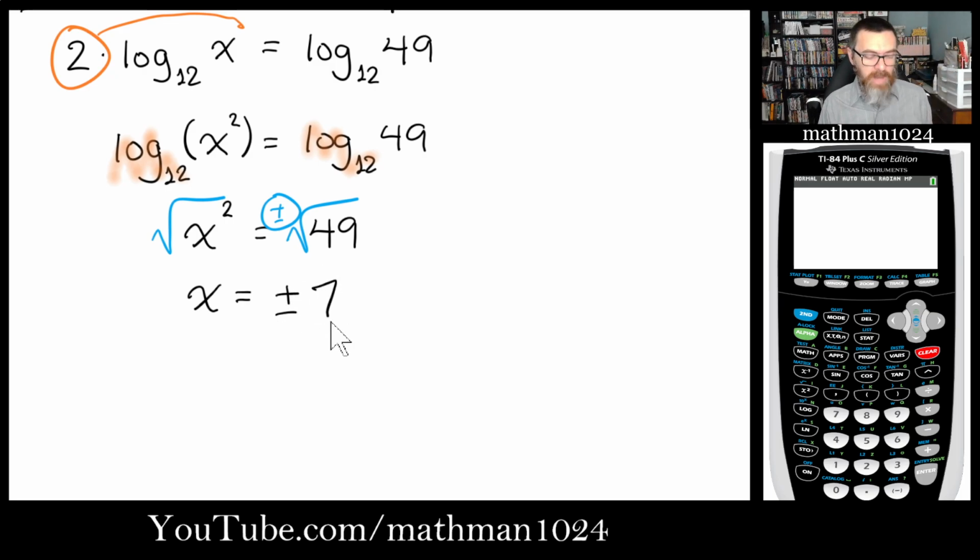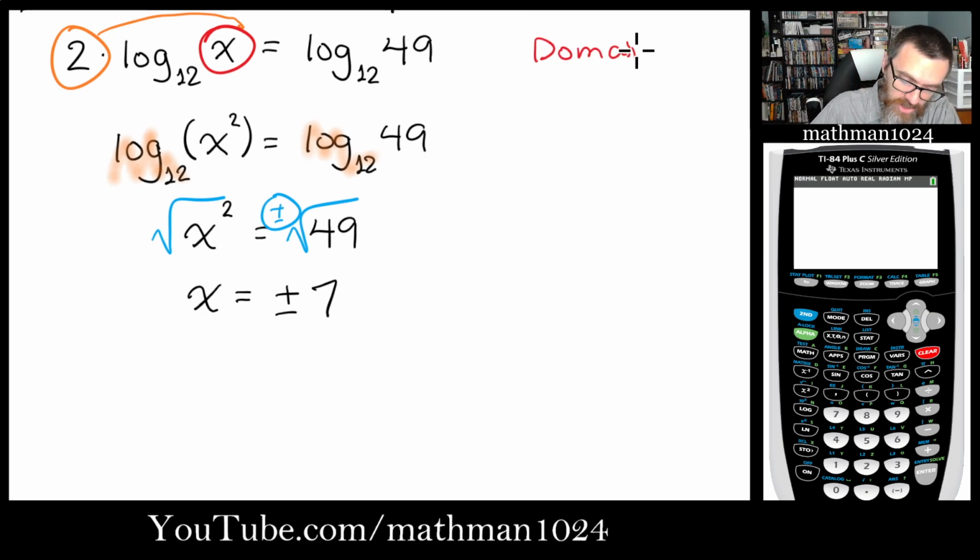Now you may be tempted to box this, but you have to remember what your original equation says. We have to make sure that we pay attention to what the original domain is. If I look at the expression that has the variable, in that logarithmic expression, it has restrictions with its domain. The expression on the inside must be greater than 0.